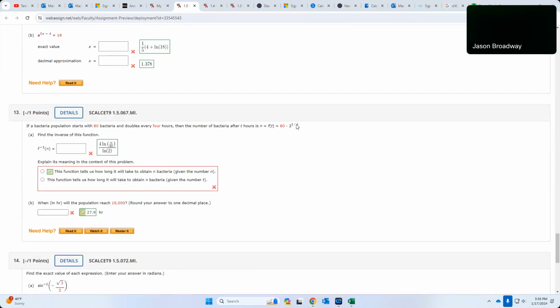Now, if you want the inverse of something nasty, like this guy right here, and that's nasty. The best way to write this guy is 80 times 2 to the t over 4. So f of t equals 80 times.